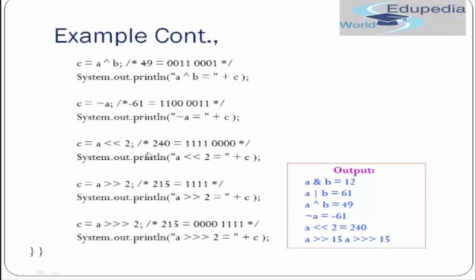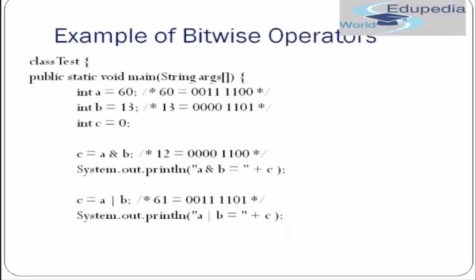Okay. Then we are doing a left shift operator. In left shift, we are shifting the bits to the left hand side by 2, and the zeros go to the high order. Let's see the value of A. You can see we are shifting the bits to the left hand side.